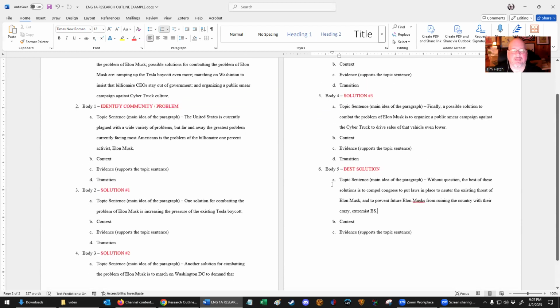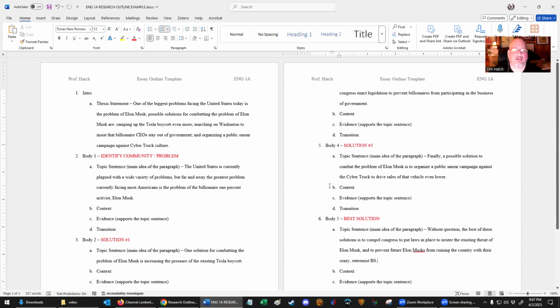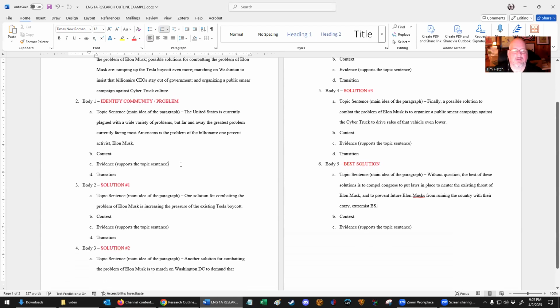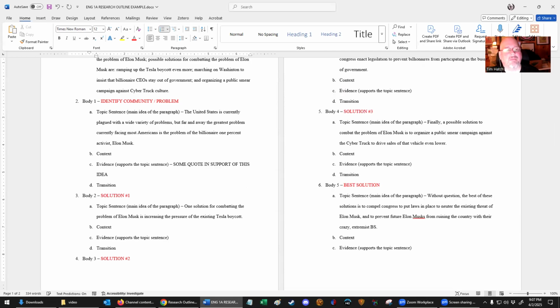All right, now the next thing I'm going to do is find quotes from my various sources for each of these body paragraphs. That, of course, is something that I'm going to do off camera and hypothetically, because no one has the kind of time for me to go find those sources. So literally for every one of these, some quote in support of this idea.